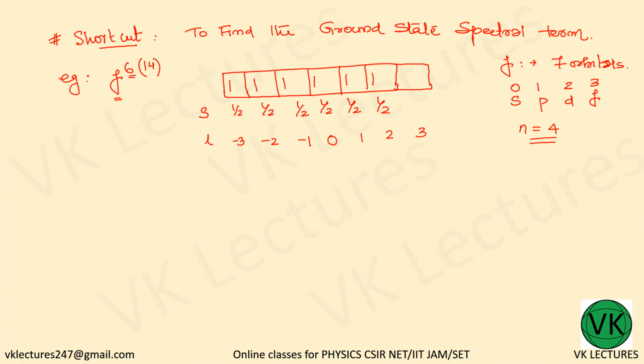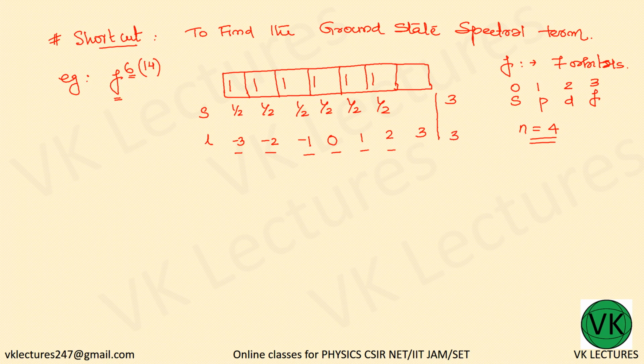Now what we have to do is add these S and L. So all spins of half get added, 6 times the half, that is 3. Now for L, wherever there is an electron, you have to count that. So -3, -2, -1, 0, 1, 2. So up to here we have seen. So the L value is 3.